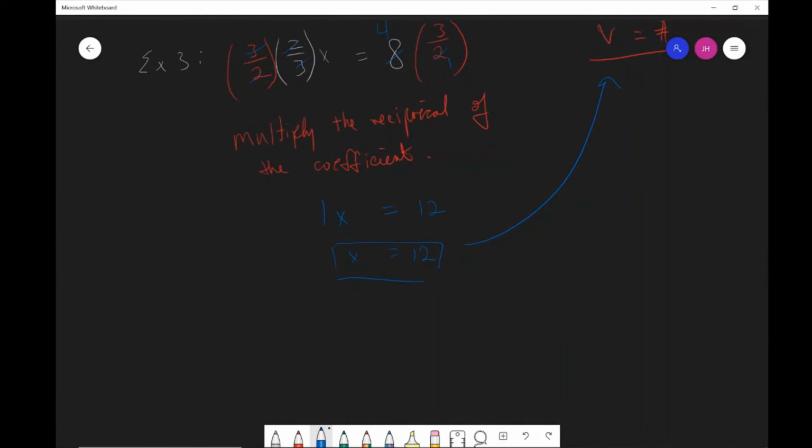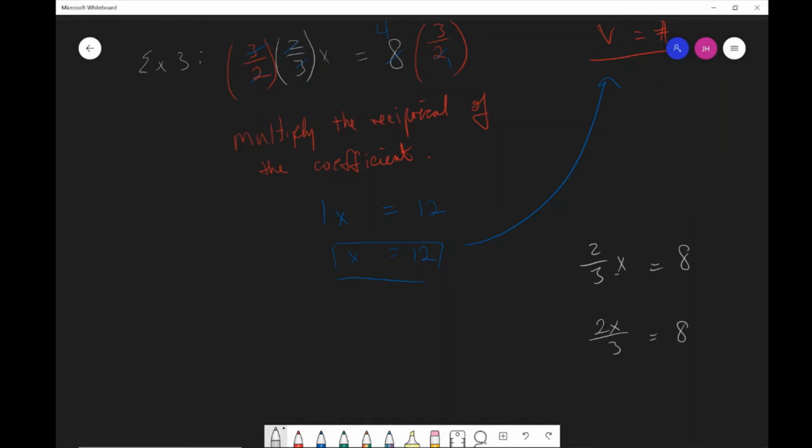Or another way of doing it, although I don't prefer it at this point, another way of doing simple algebra equations with multiplication. Let's go back to the question. The question is 2/3 times x equal to 8. Can I rewrite the question as 2x/3 equal to 8?